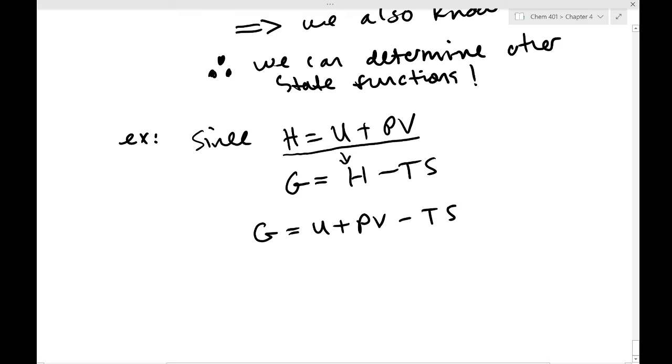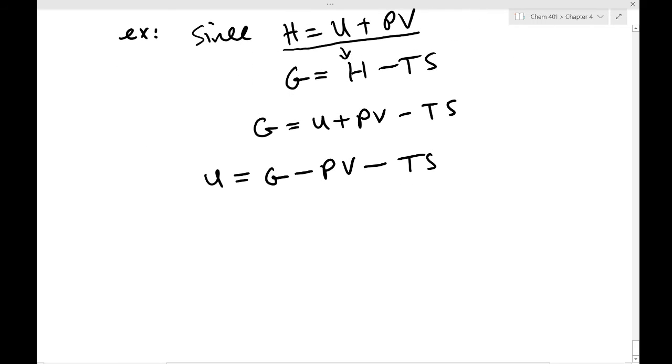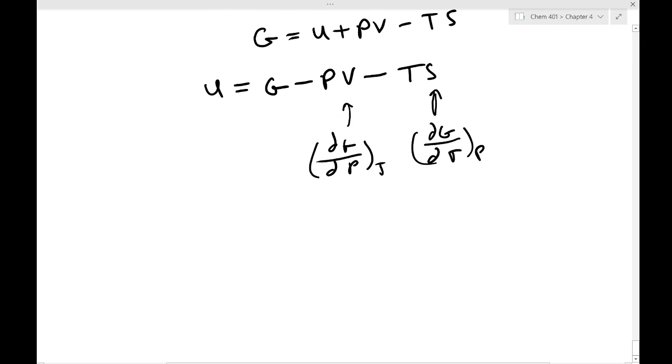Okay, now let's solve for U. U then, therefore, is equal to G minus PV minus TS. I can substitute in the partials with respect to G for both of these two values. Okay, so this is just the partial of G with respect to P at constant T, and this is just the partial of G with respect to T with P constant. So I can plug those guys back in.